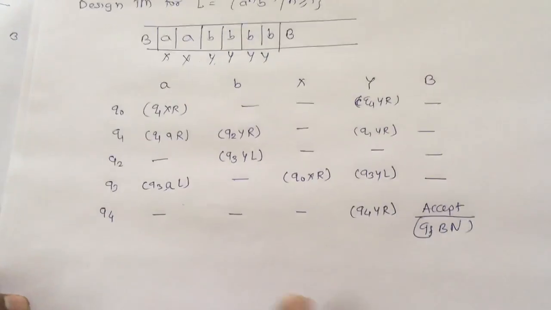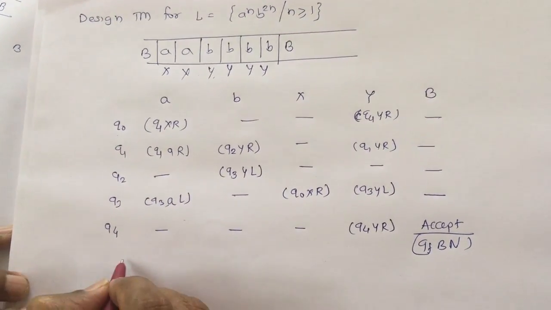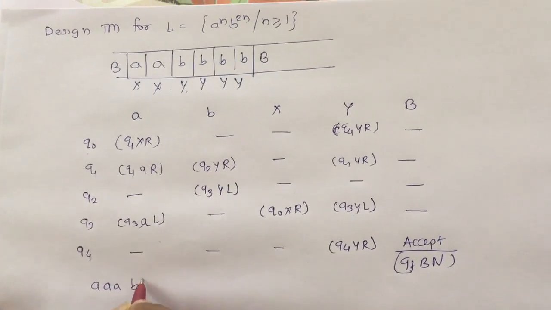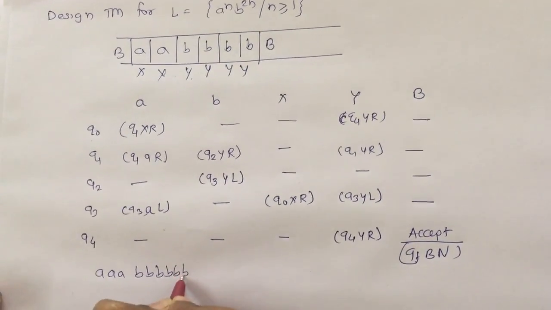So let us take another valid string, suppose one A and two B's, numbered 1 to 6 for the tape cells.